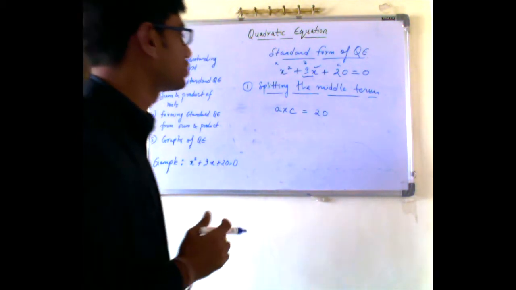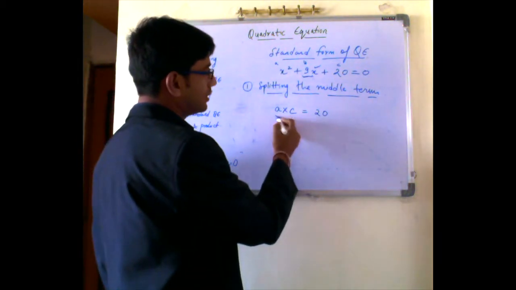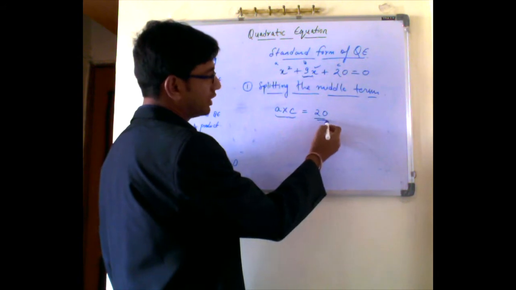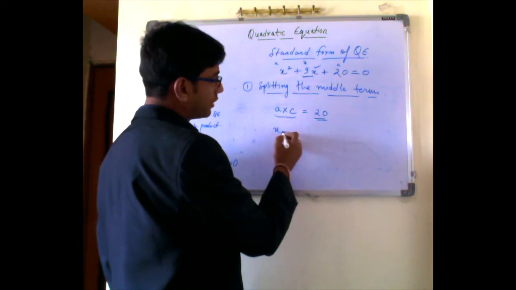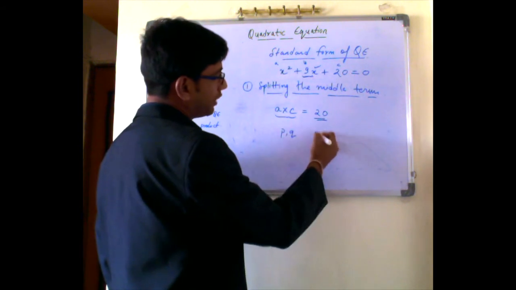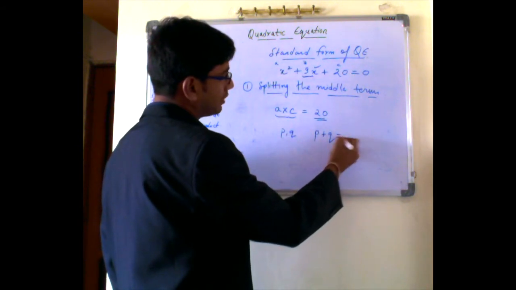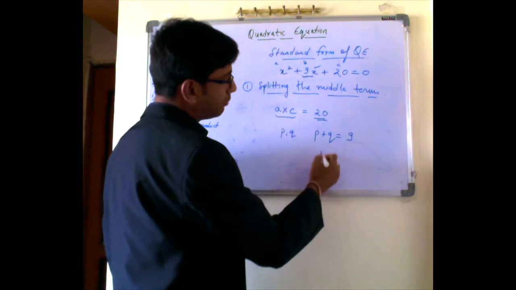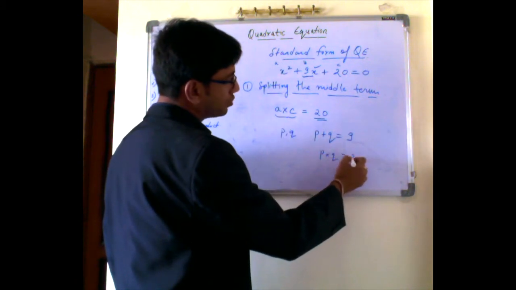I'll name these P and Q. I need P plus Q to give me 9, that is the middle term, and P cross Q to give me 20.